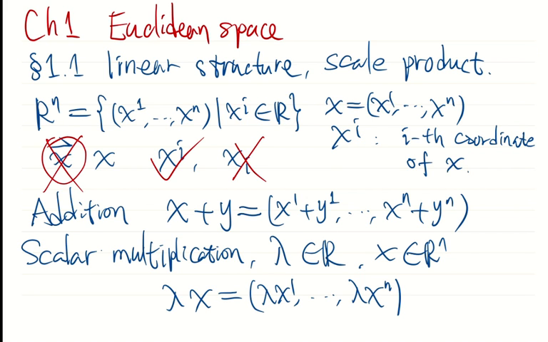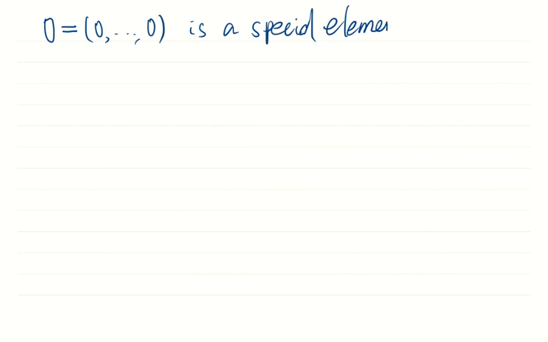Now we will study the basic properties of these operations. Firstly, in Rn we have a special element which is 0. This element has components that are all 0. This is a special element in Rn. We call it the origin.